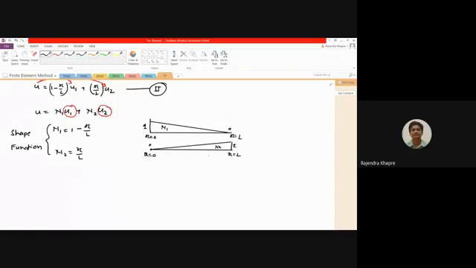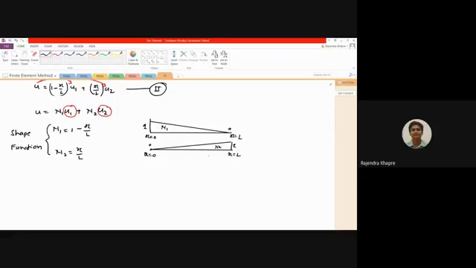Again I am repeating, the value of a shape function is always 1 at its respective node, and its value is always 0 at the other nodes. If it is 1, 2, 3, then n1 will be 1 at node 1, n2 will be 1 at node 2, and n3 will be 1 at node 3. At other points it will always be 0.